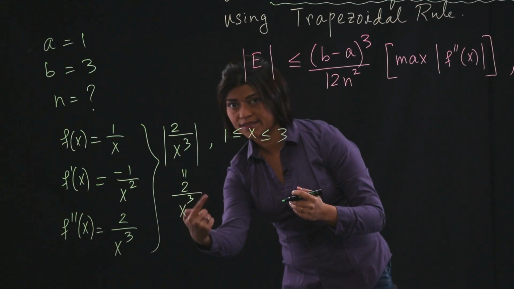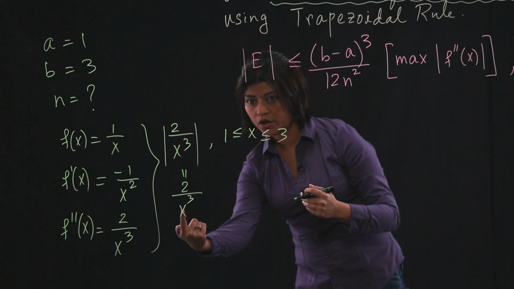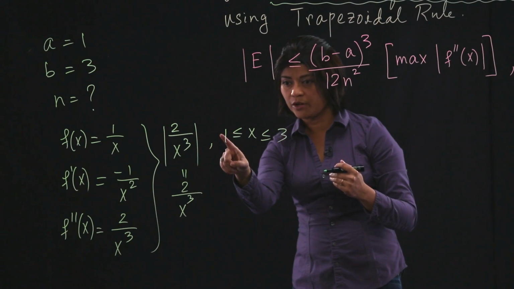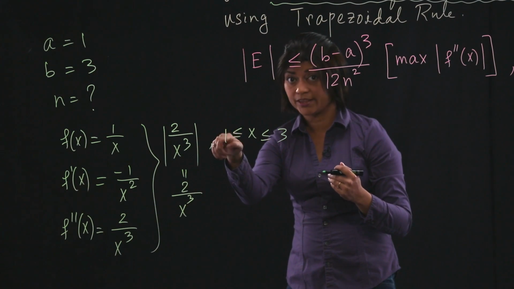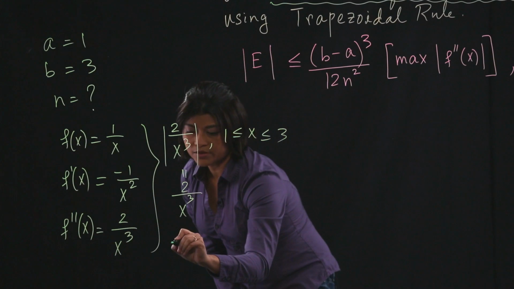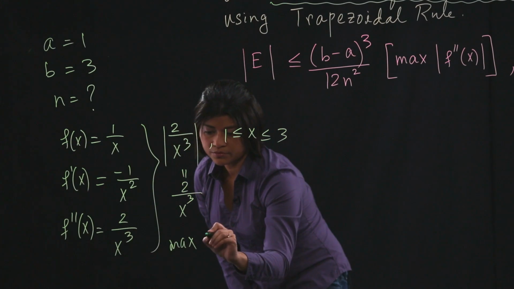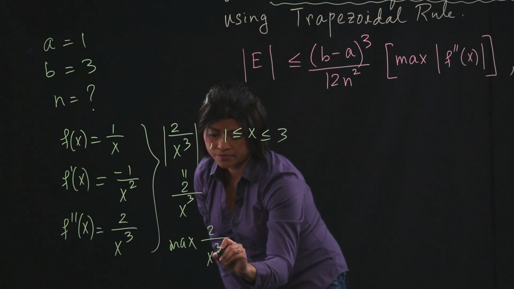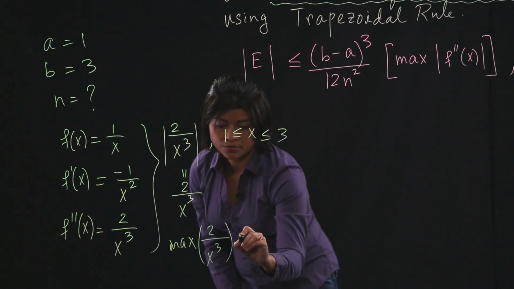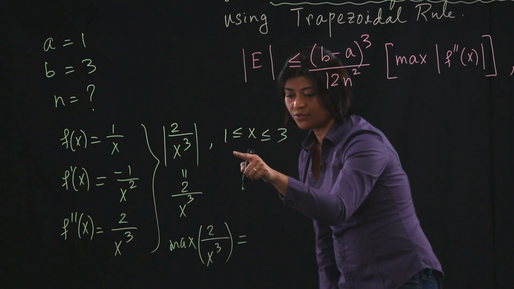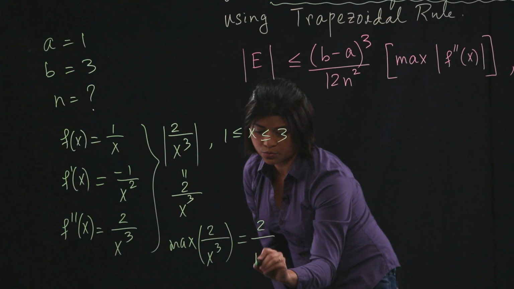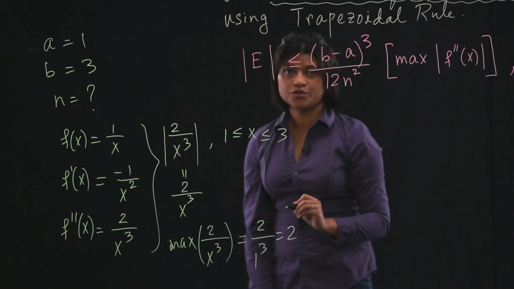Now look, x is in the denominator, right? So the maximum will be obtained by taking the lower limit. So the max of this function will be, when you plug in x equals 1, 2 over 1 cubed, which is 2.